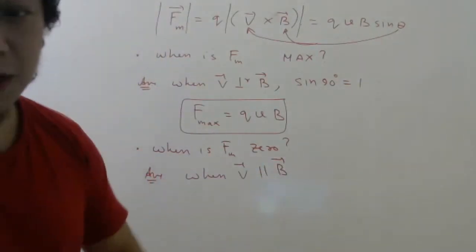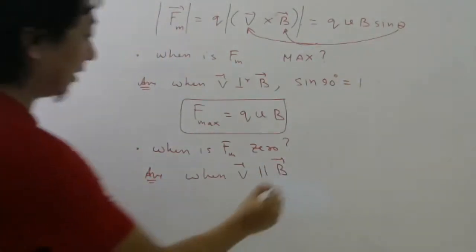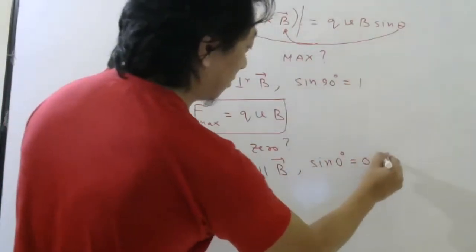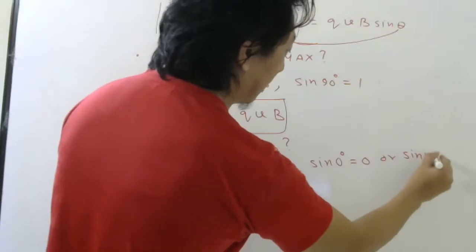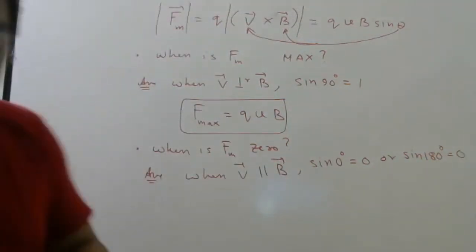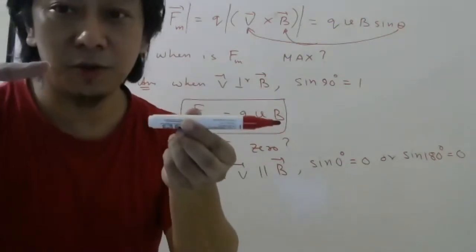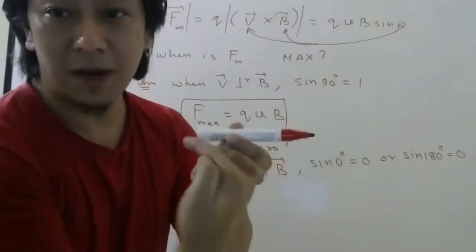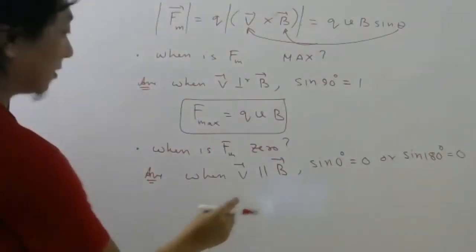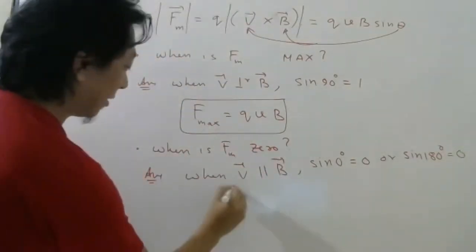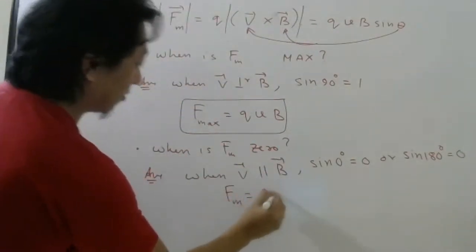If the velocity vector is parallel to the magnetic field, whether it is in the same direction, sine 0 is 0, or it is in the opposite direction, sine 180 is also 0. So suppose the magnetic field is this way and you are moving the charge this way or this way, it doesn't matter. In both cases, since sine 0 is 0 and sine 180 is also 0, the magnetic force will be 0.